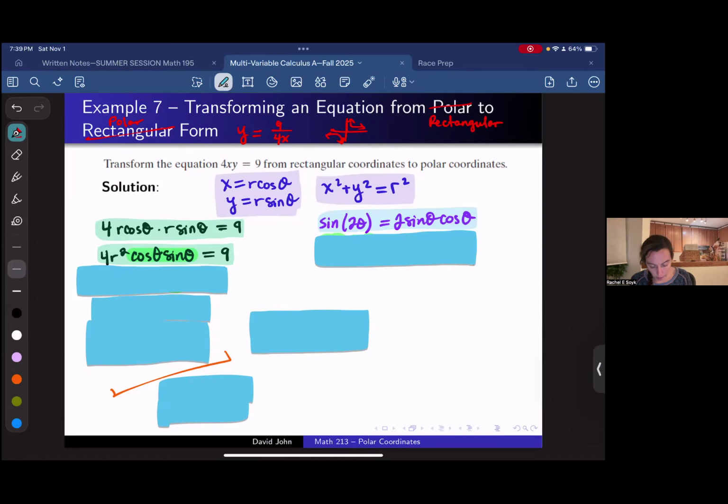And so we want just one of this. So why don't we go ahead and divide this whole thing by 2? So we have 1/2 sine of 2 theta is equal to our sine theta cosine theta, also known as cosine theta sine theta. And so now what I have highlighted in green, we can make that substitution in over here.